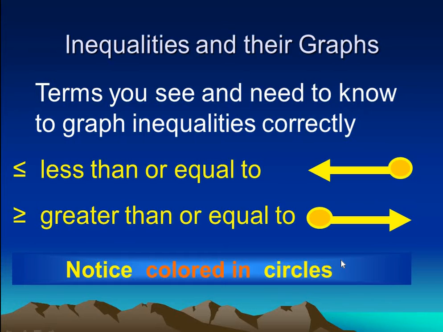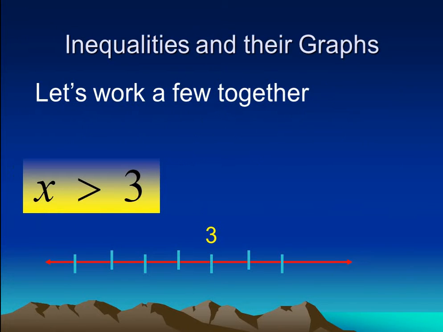Okay? Now, let's work a few together for understanding more the meaning of inequalities. Now, when I say x is more than 3, I say that x is any value. This is an inequality.